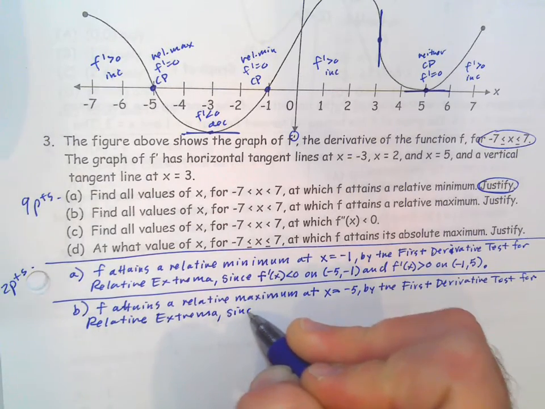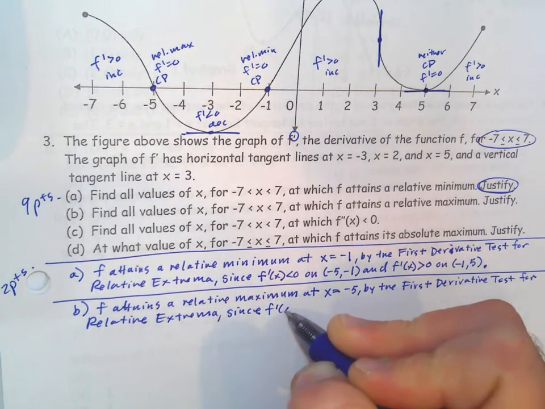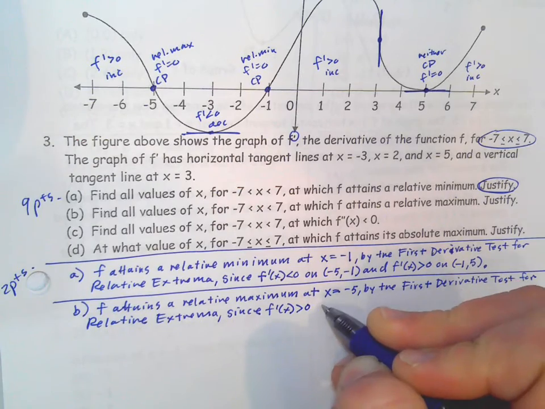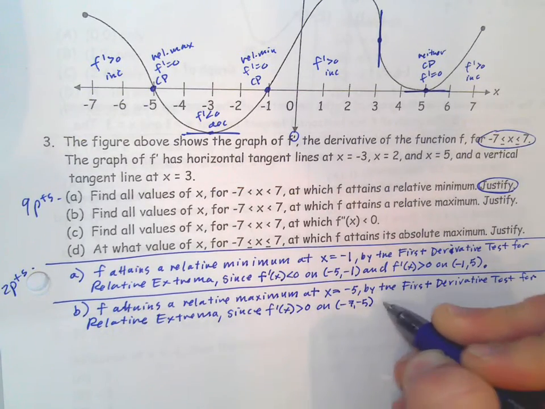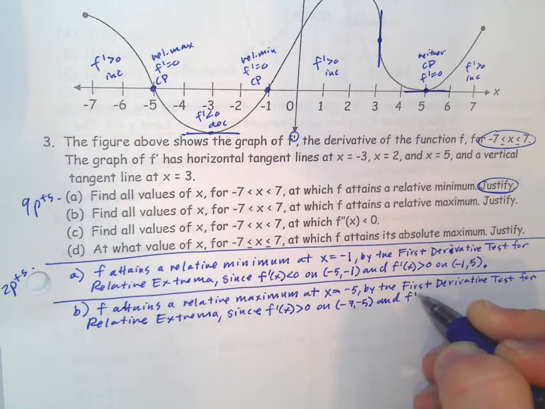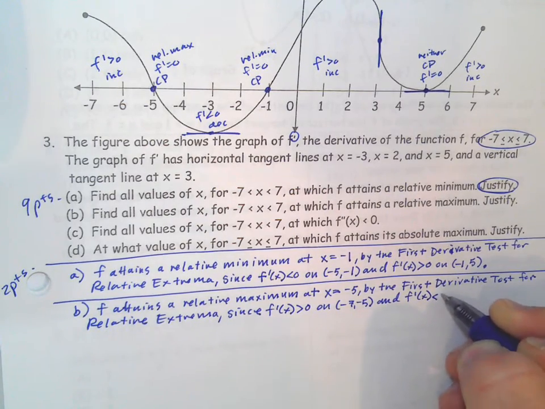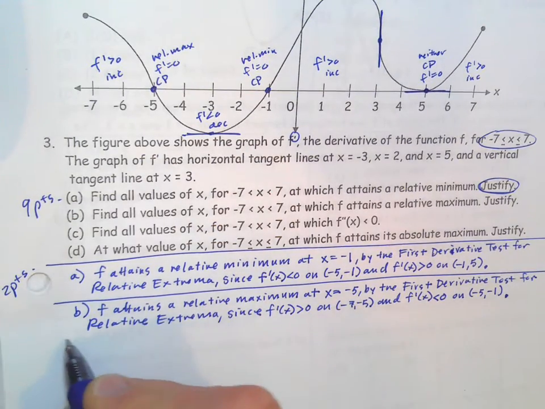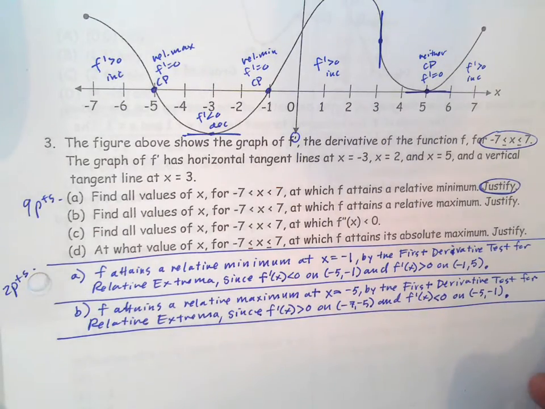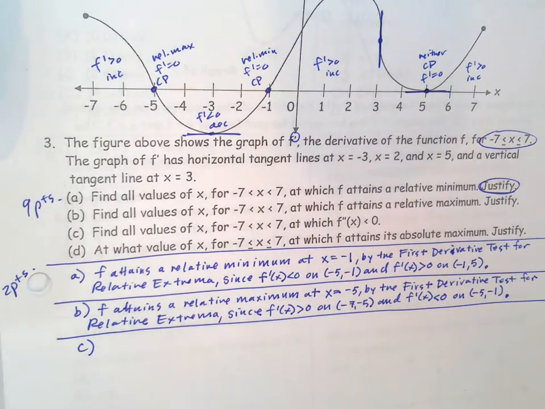How? Since f prime of x is positive to the left on the interval negative 7 to negative 5, and f prime of x was negative on the right side, specifically negative 5 to negative 1. There you go, another 2 points. So that's how you write your answers. That's how you justify them.